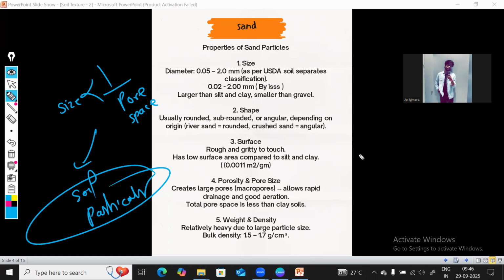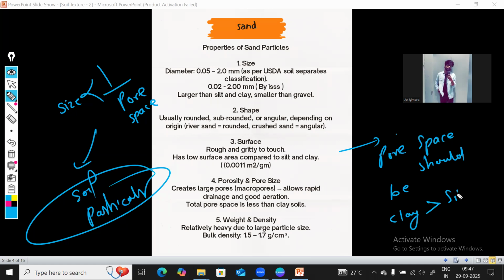So what should be the order of pore space in solid particles? The number of pores is maximum in clay, then silt, then sand.